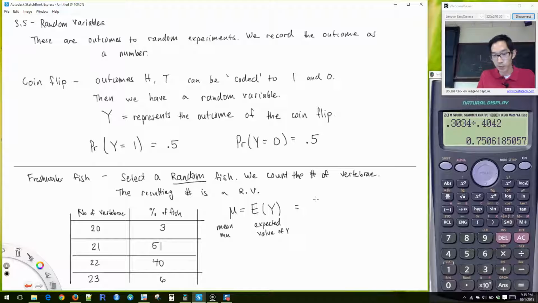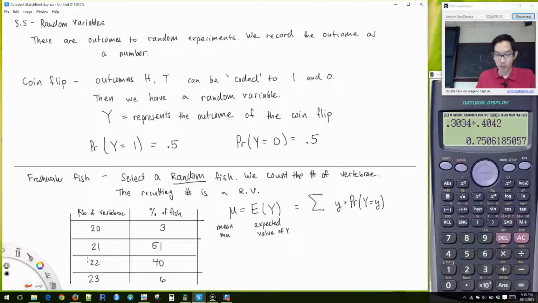And the formula for that is we're going to take each value y, each possible outcome, and we multiply it by the probability of getting that outcome. And we're going to do this for all possible outcomes, and we add it up for all possible outcomes. Is this formula okay?